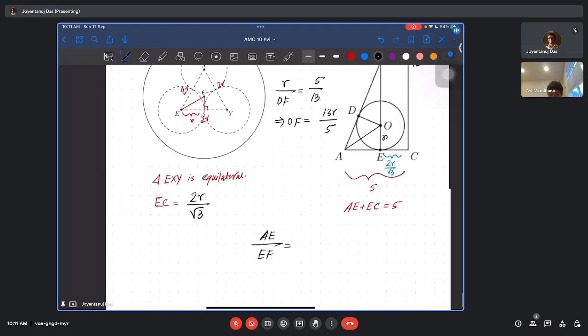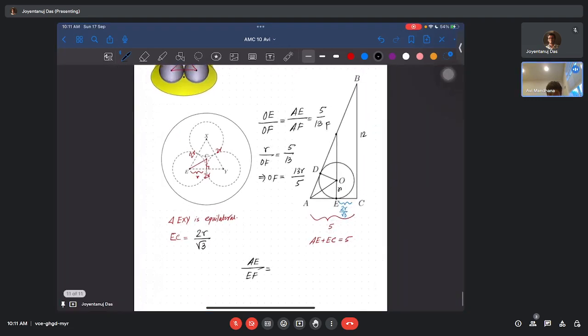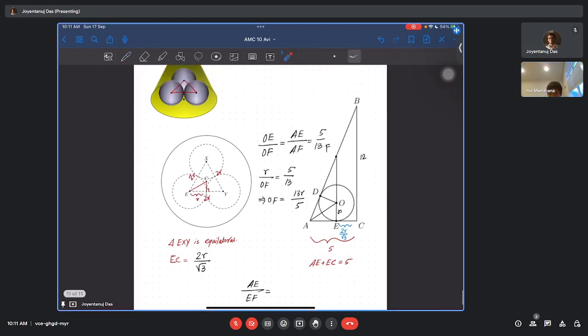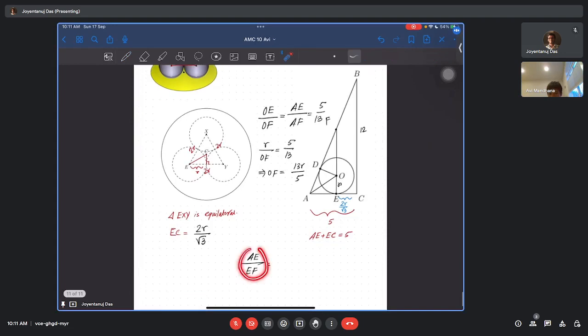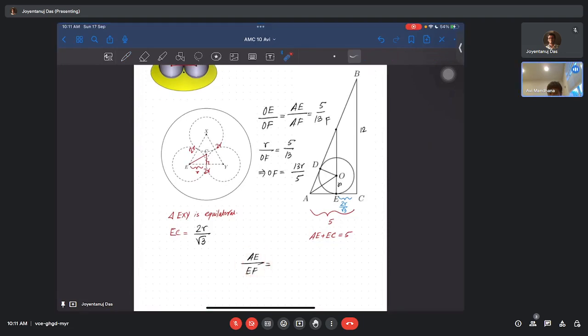if I compare with the bigger triangle, what will be that? I'm just telling the ratio, I'm not finding it. It's 5 over 12. Right.